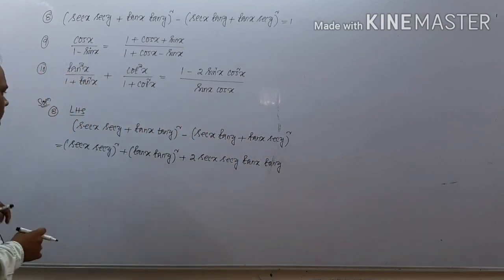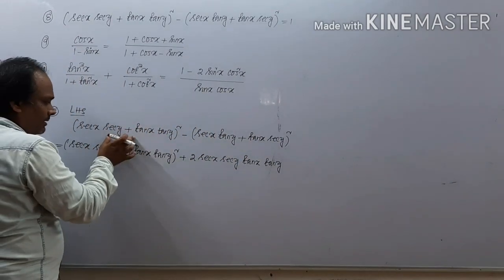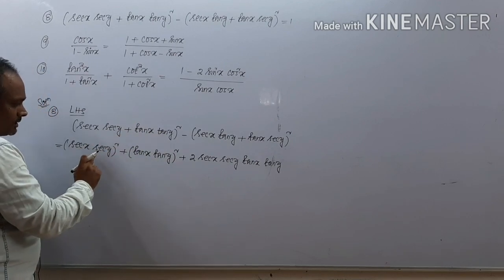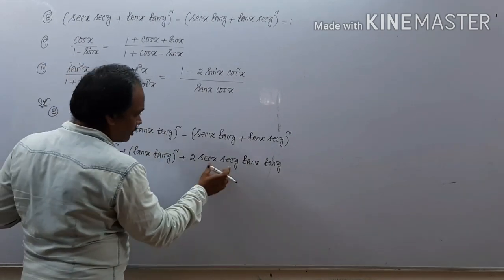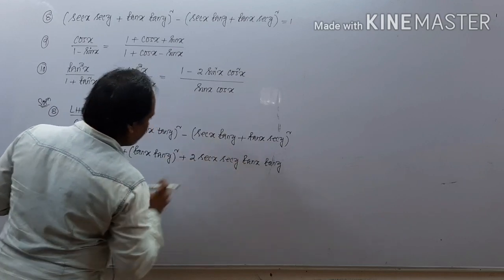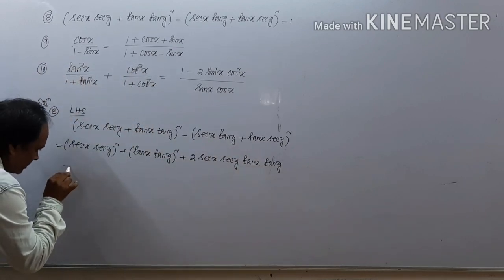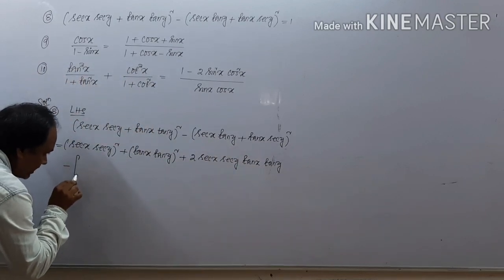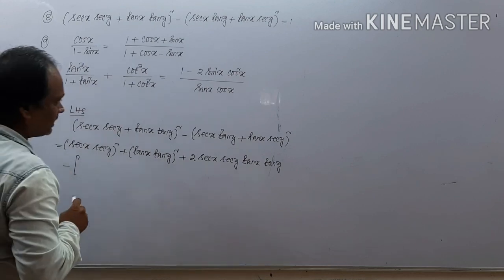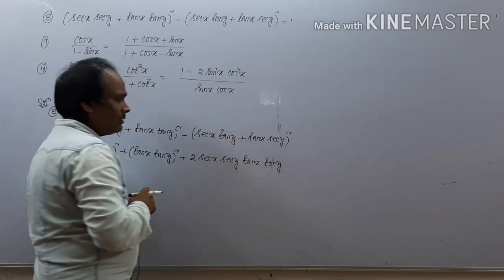So for the first term I have applied a plus b whole square, that is a square plus b square plus 2ab, right, minus, we will put a bracket here because minus is present, right, again a plus b whole square.